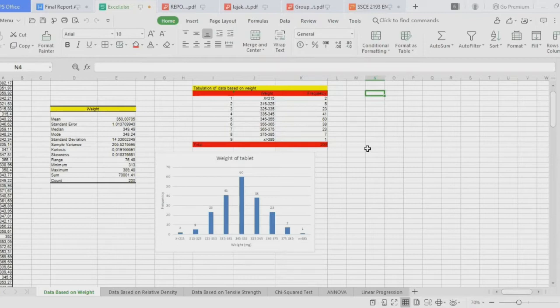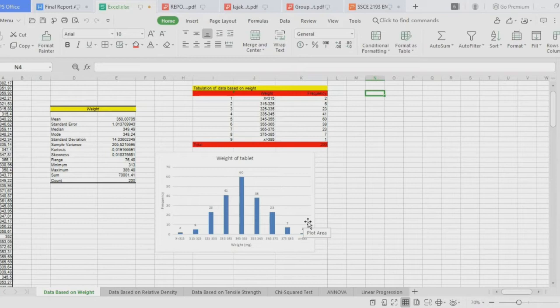Summarization of data collected. The first column chart is for weight of tablet. We can see there are 60 tablets having weight between 345 and 355 milligram, which is the highest frequency, while only one tablet has weight greater than 385 milligram, which is the lowest frequency out of 200 samples.